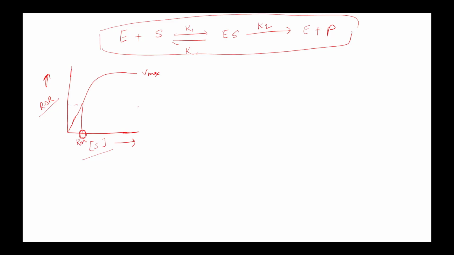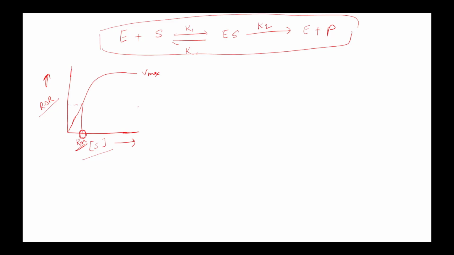The lower the Km, the higher the affinity of the enzyme towards the substrate, because the lower the Km, the faster the reaction would be. So that tells you about the substrate and enzyme affinity towards each other.